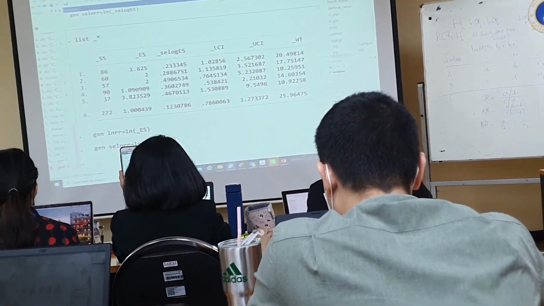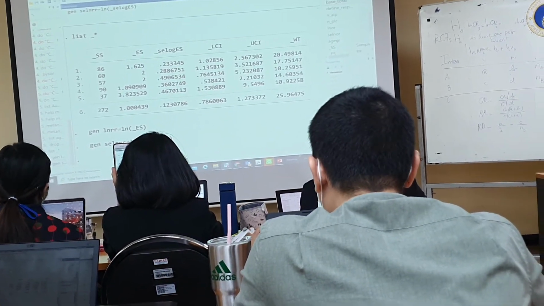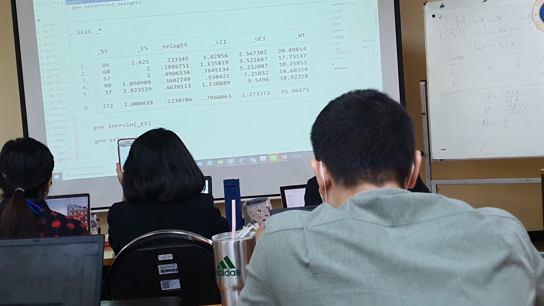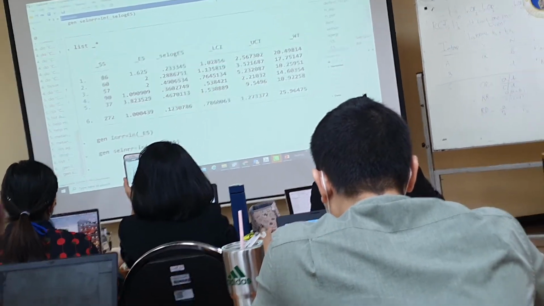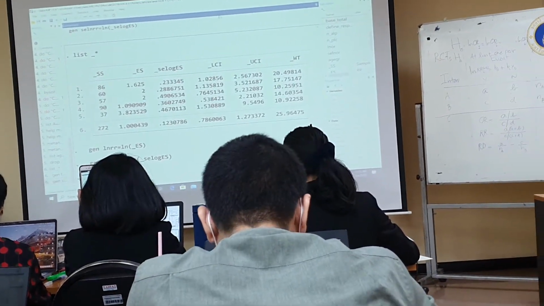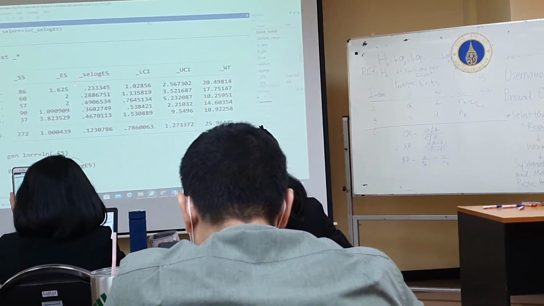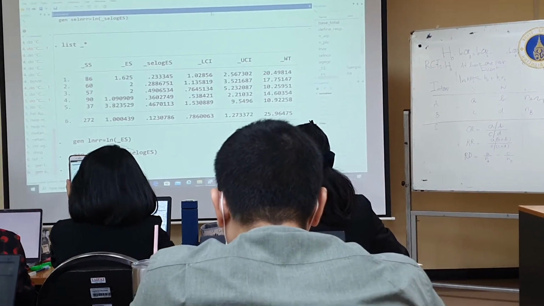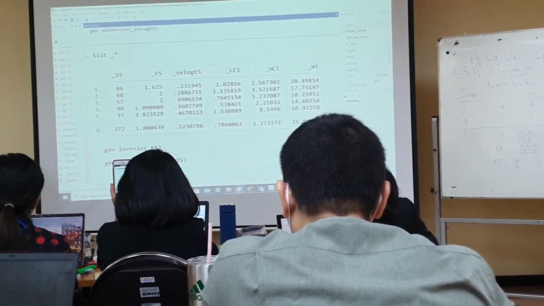Don't forget to take log for underscore ES because Stata generates risk ratio, not log risk ratio. But the standard error is on the log scale already, so we don't need to take log again for the standard error.